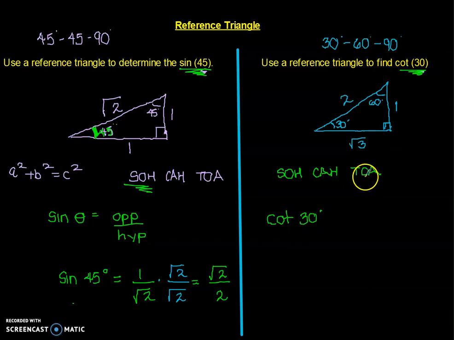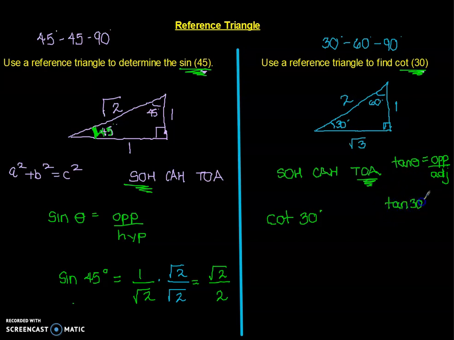So you can find the tangent first, and remember tangent of theta using SOHCAHTOA, tangent equals opposite over adjacent. So you could find this first and then flip it to get cotangent of 30, or you could just find the adjacent over the opposite. Either way works, but since I've already started, I'm going to go here.